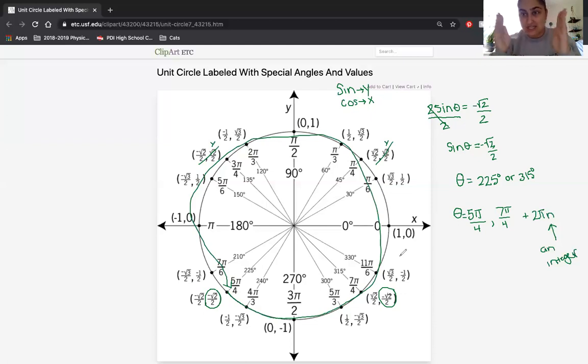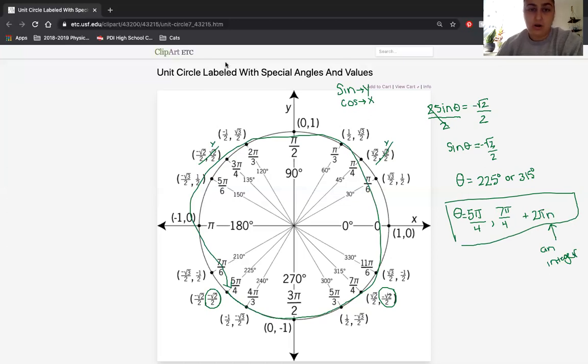If it were just within one circle, it would be 5 pi over 4 or 7 pi over 4. But if I don't give you the constraint, then it could go on forever. So that's why this is the most mathematically correct way to write it. That's how we solve trig equations.